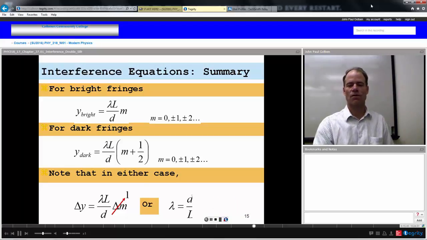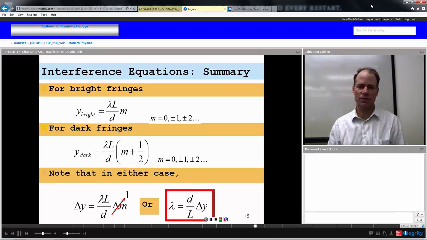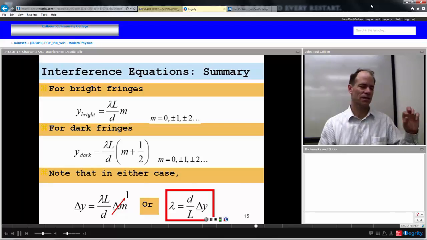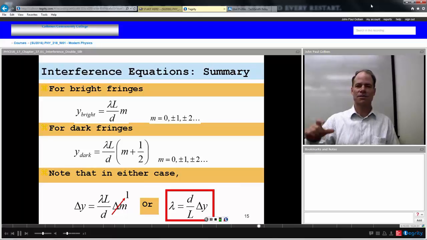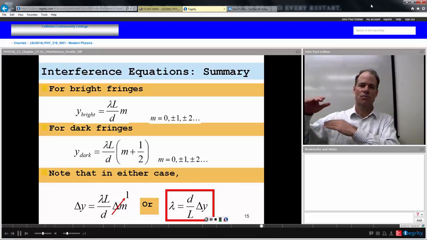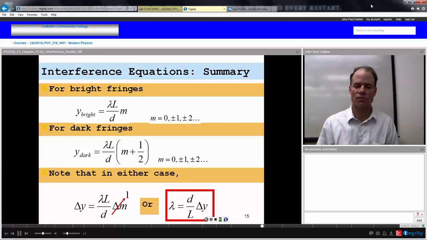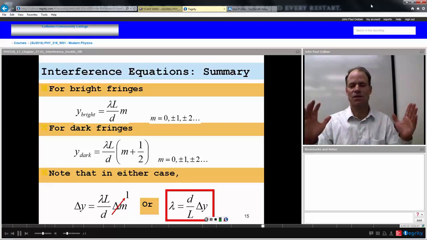Or, reversing this and solving, we get the wavelength of light would equal the distance between the slits, which we can determine before we start our experiment, divided by the length to the screen, which we also determine as part of our experiment, times the difference in length between two successive lines in the fringe pattern, either two successive dark fringes or two successive bright fringes. Measure that distance, we can get the wavelength of the light. How cool is that?